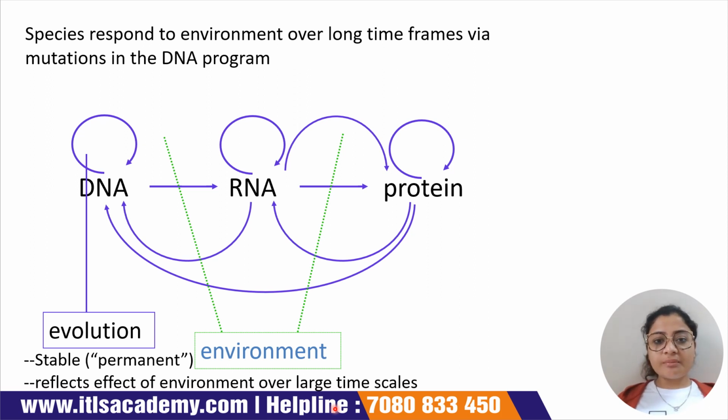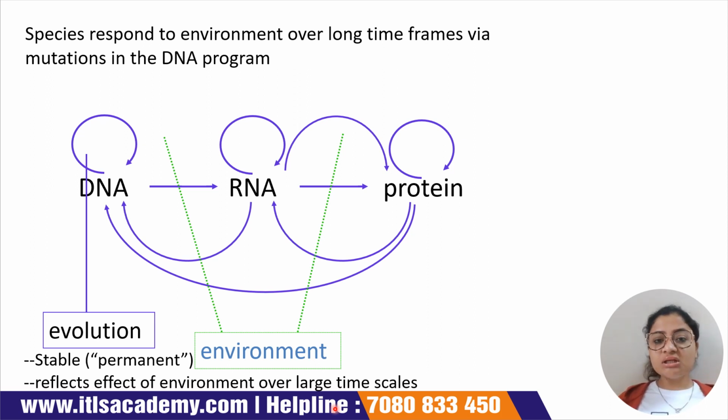You will not just wake up in the morning and see that you have grown a tail. No, it's not like that. Evolution happens over a long period of time, at least 70 to 100 years. So basically it is the response of the species to mutation over a long period of time.